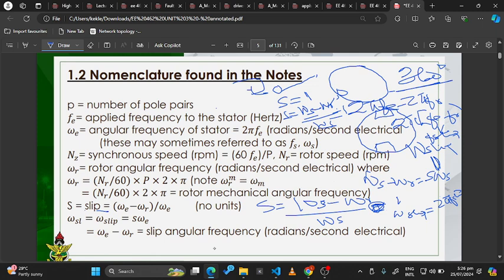So whenever you hear a question that says at starting, don't say that you weren't given the slip. It just means you are not paying attention to the question, because the slip is in the question. So slip is equal to 1 at start or at standstill.